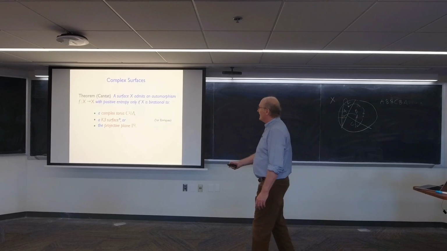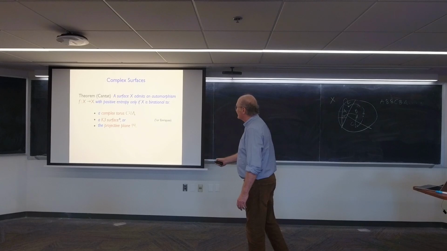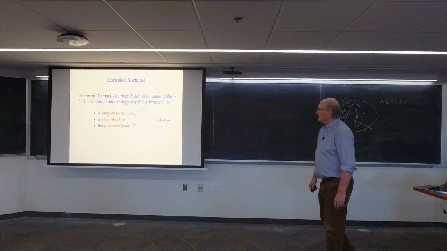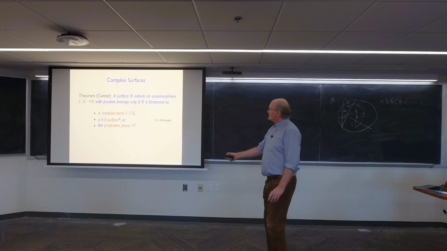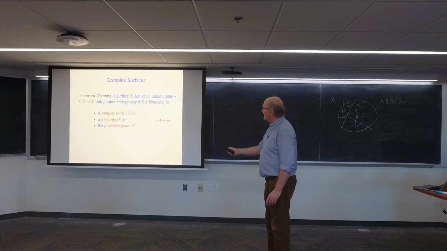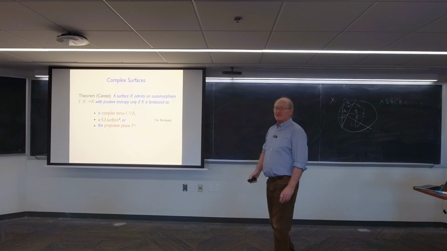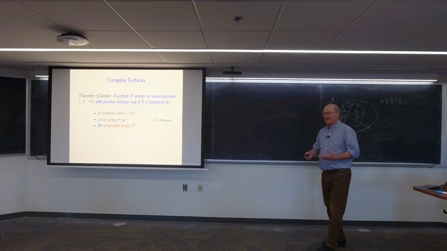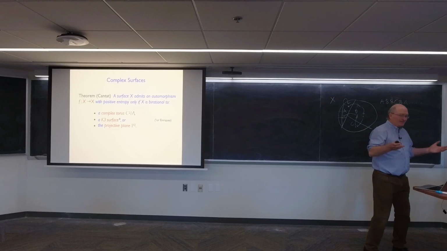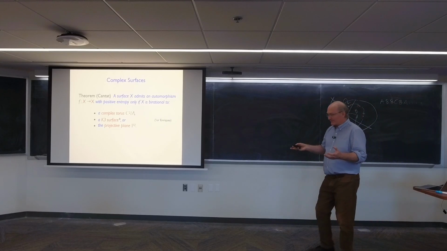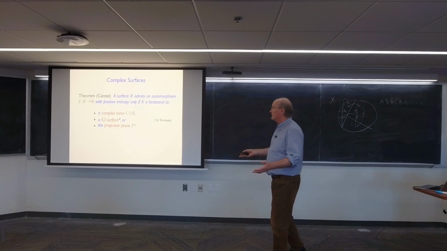And finally, it's possible that X is the projective plane. Well, this is not quite true, or rather, it's true up to this word I snuck in here. X is birational to the projective plane. You might say, well, isn't it true that the automorphism group of the projective plane is like the linear automorphisms of the underlying vector space? And that's absolutely true.